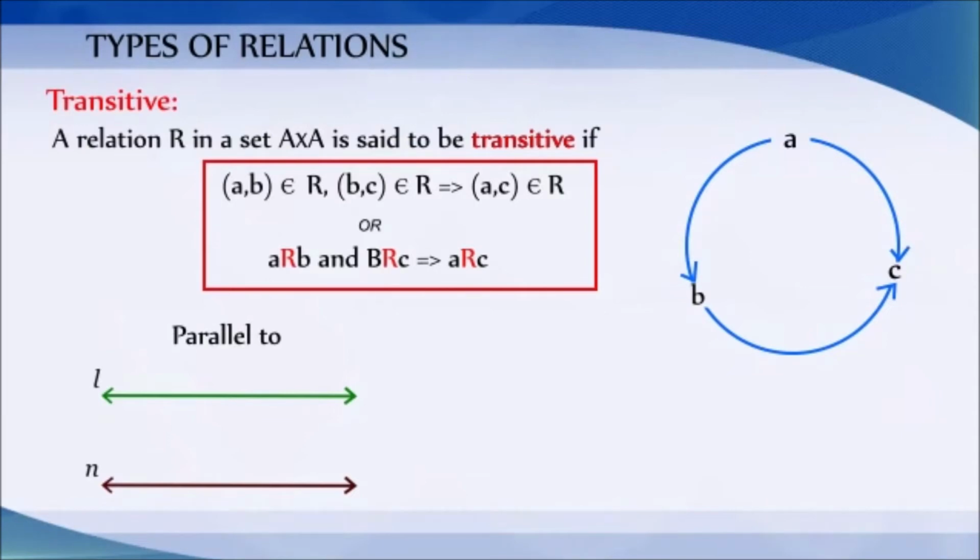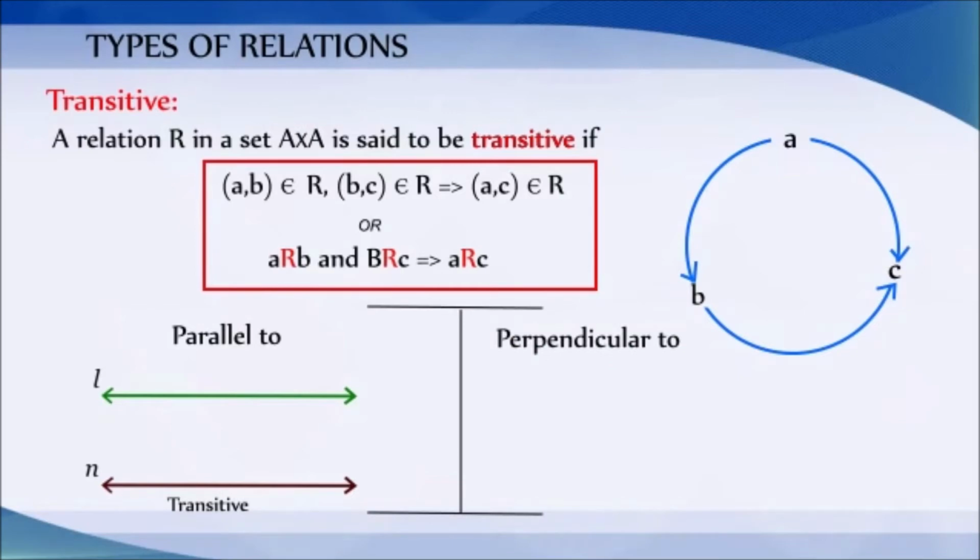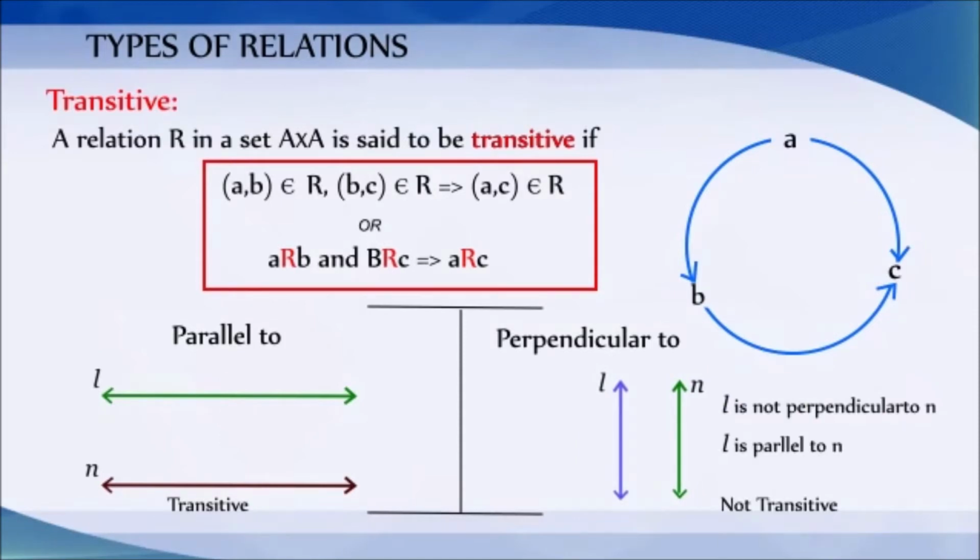Now, consider an example of the relation perpendicular to. If the line L is perpendicular to M and M is perpendicular to N, L will not be perpendicular to N. So, the relation perpendicular to is not transitive.